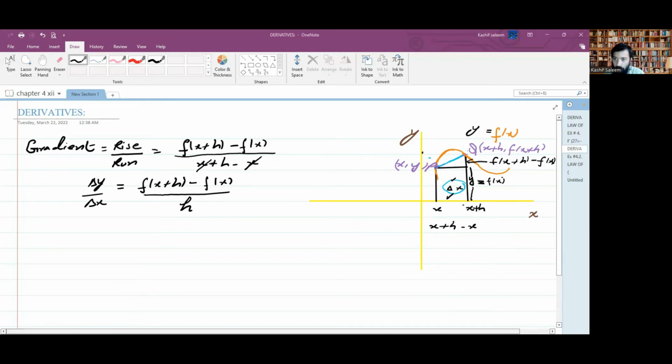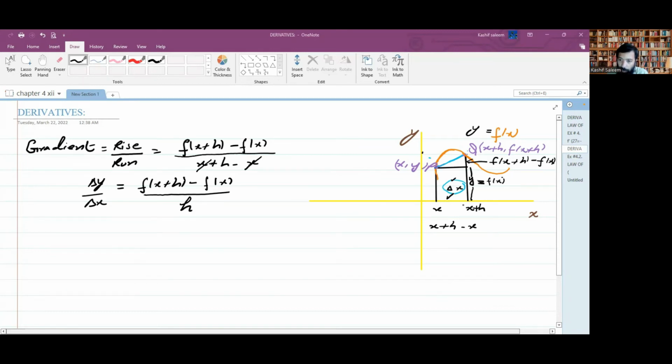If you look at this curve, the gradient keeps changing. If you take two different points, the gradient will be different from the gradient of the line PQ. So you have to calculate the gradient at each and every point. In order to do this, we have to squeeze this delta x so small that point Q will move to point P. So how can we do this?